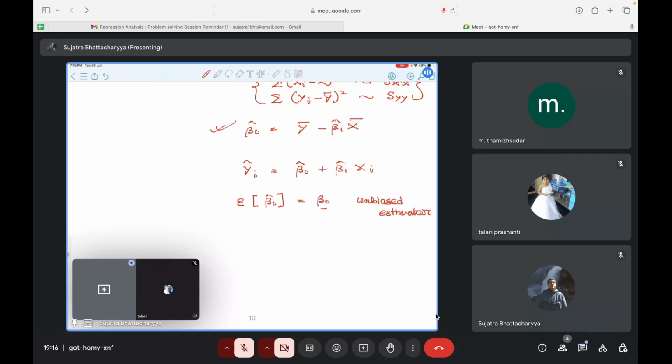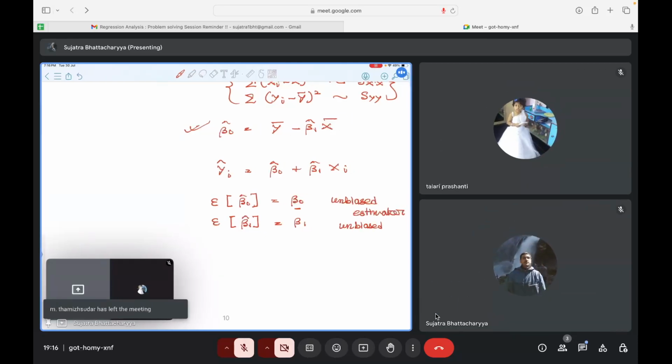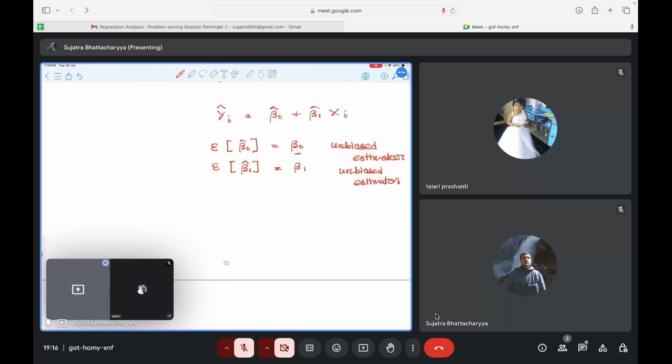The expectation value of the estimator becomes equal to the actual population parameter, which is the unbiased estimator. Similarly, the expectation value of beta 1 cap is actually beta 1, so this is also an unbiased estimator. Both beta naught cap and beta 1 cap are unbiased estimators.